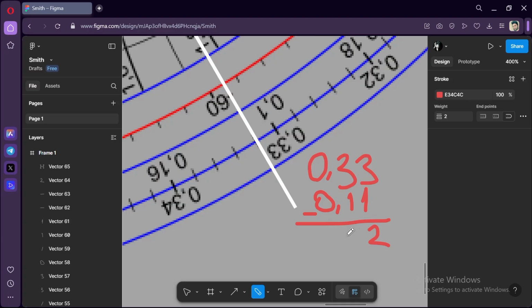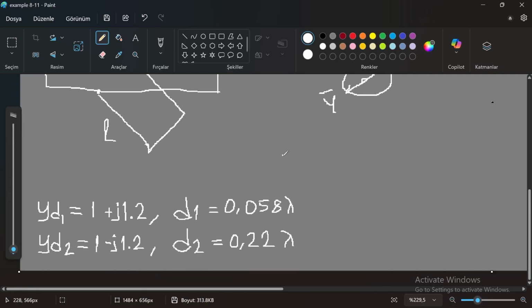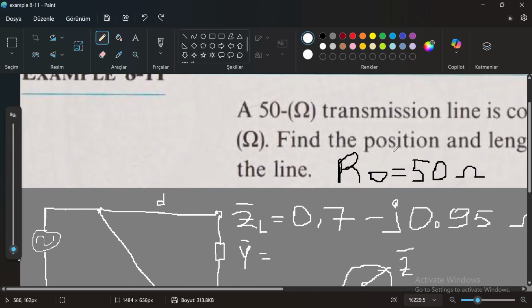0.22 lambda values. Okay, so these are the location values, position and length.